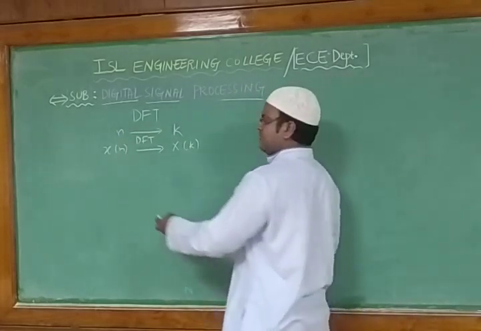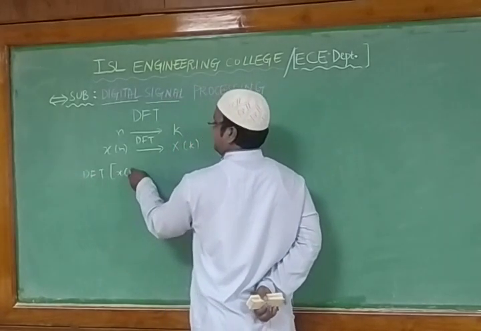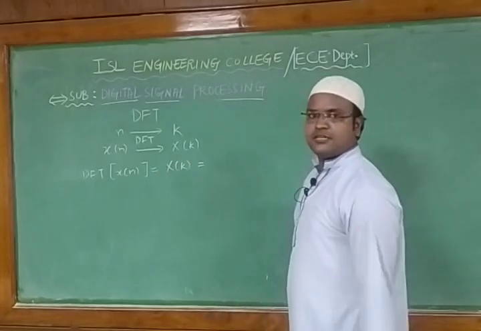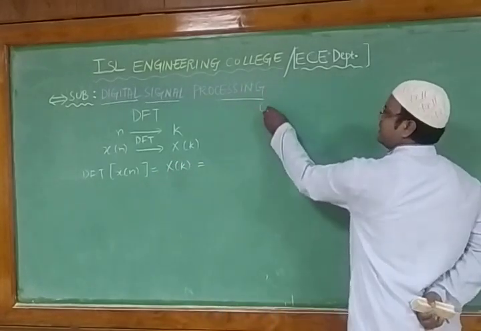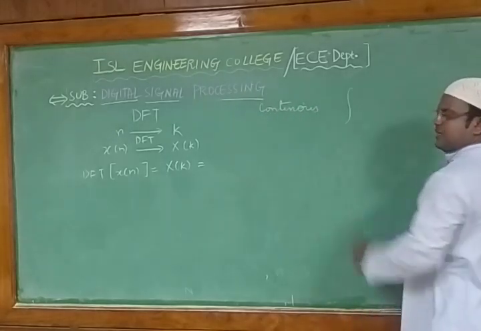So how do we write that? DFT of x of n is equal to x of k is equal to, since it is discrete, summation. If you had a continuous signal, then it would be done with integration.